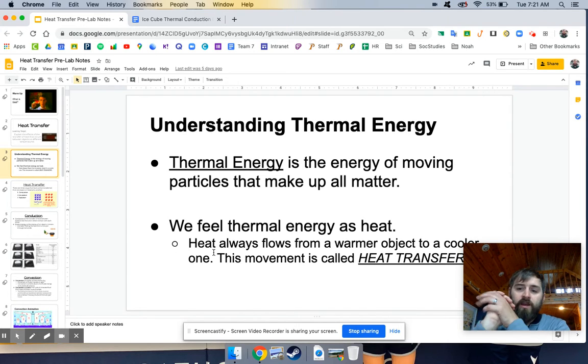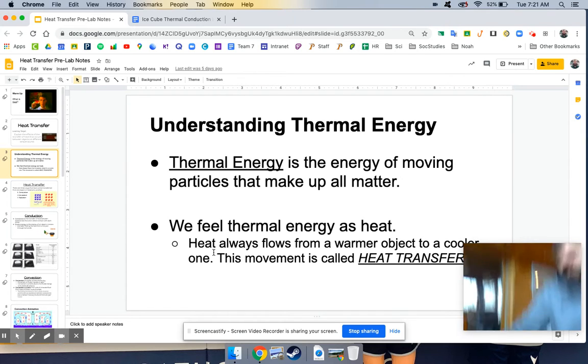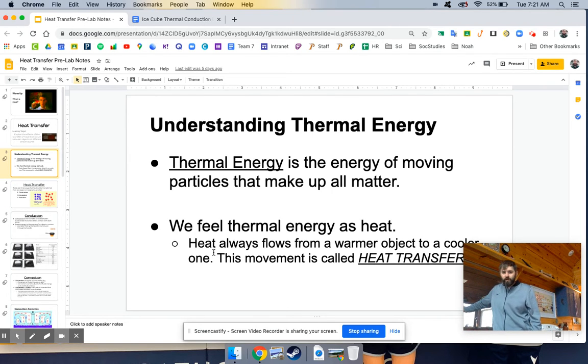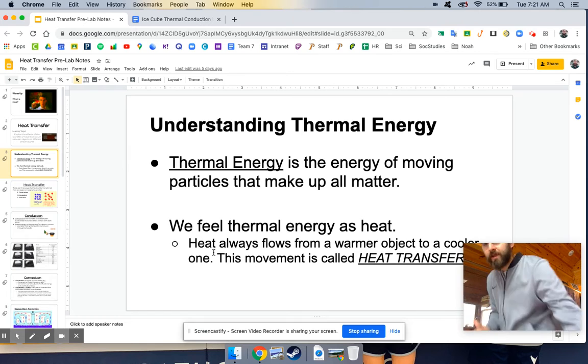Most likely your two hands together are going to be a similar temperature, but maybe you had one hand outside of a blanket, so it's going to be cooler. For me, here's an outside window. I'm going to come over here, and I want you to put your hand on it. This outside window is definitely cooler than my hand.